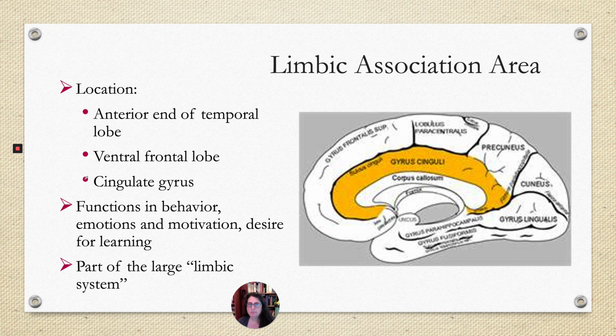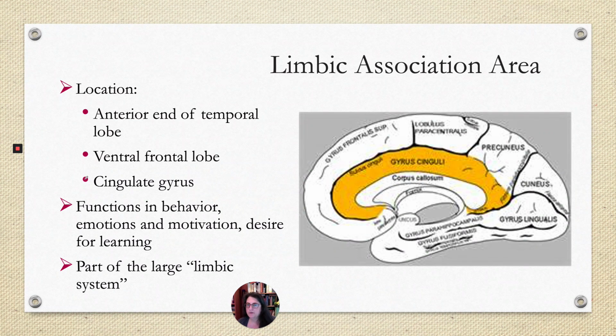What about the limbic association area? Now, in that earlier picture, we saw a lateral view of the brain, and in the most inferior parts of that, you saw a little bit of limbic area. But here we have a medial view of the brain. Not the clearest image, but it works. And there are several different areas that would be fitting into this limbic association area.